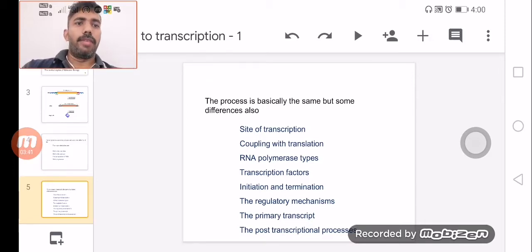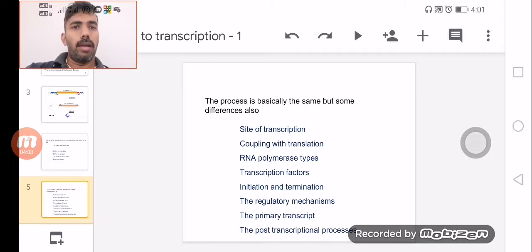What are the major differences? Basically, we'll be focusing on the differences between prokaryotes and eukaryotes. The most important difference is the site of transcription, which is not the same in prokaryotes and eukaryotes. In bacteria, the site of transcription is the cytoplasm, as there is no nucleus or any membrane bound structures inside.